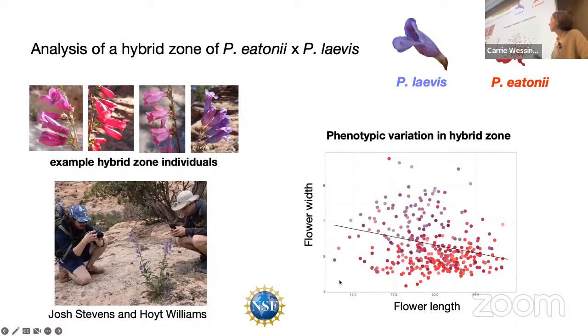So in work that's funded by the NSF, we are going to use admixture mapping to localize the genetic basis of the segregating variation, and then also hopefully study patterns of natural selection acting on these hybrid individuals. And this is work that involves Josh, a grad student in my lab, and Hoyt, a research technician.